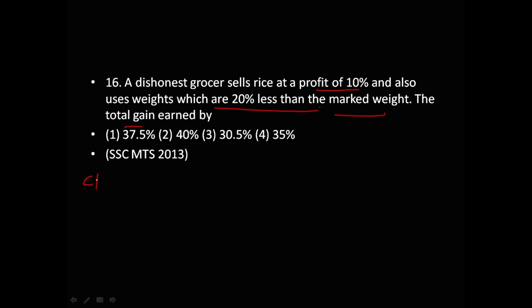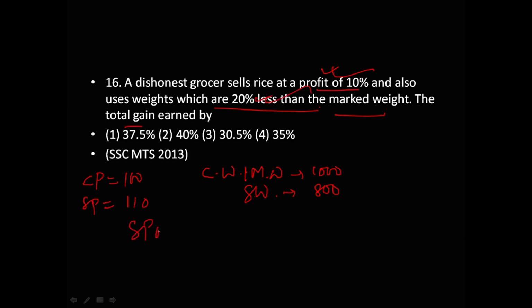First of all, we can assume CP as 100, then SP will be 110, since it's a 10% profit. Next, if the marked weight is 1000, then the selling weight SW equals 800, because it's 20% less. So what's the SP of 1 gram?